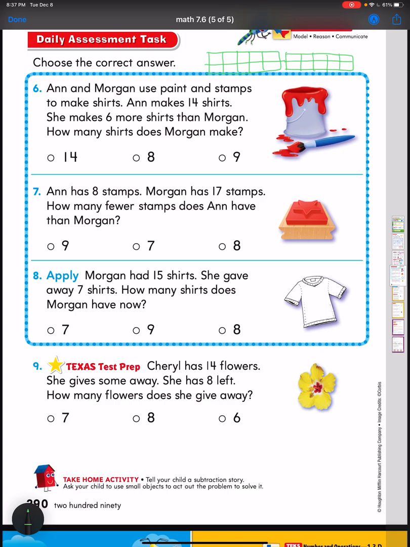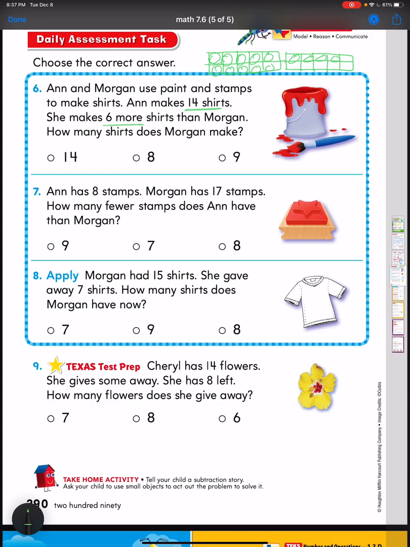And it tells us, Anne and Morgan use paint and stamps to make shirts. Anne makes 14 shirts. That's 6 more shirts than Morgan. So how many shirts does Morgan make? So I need to draw my 14. 13, 14. All right. That's 6 more shirts than Morgan.